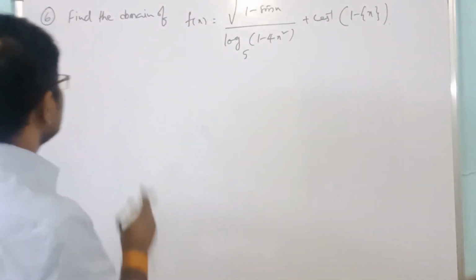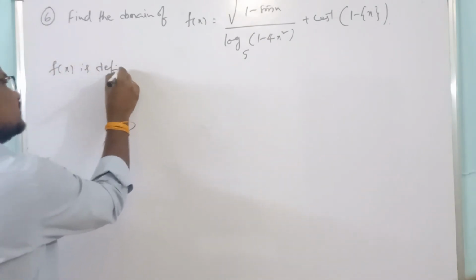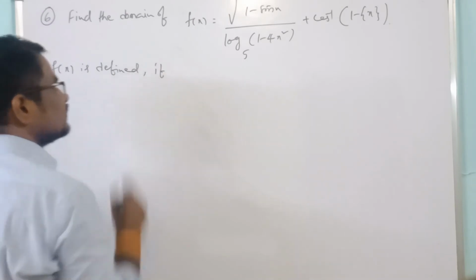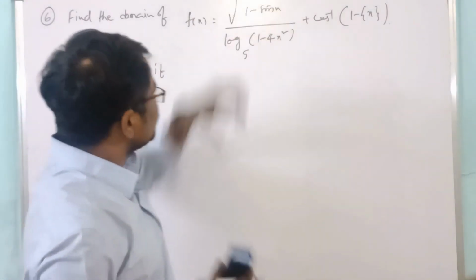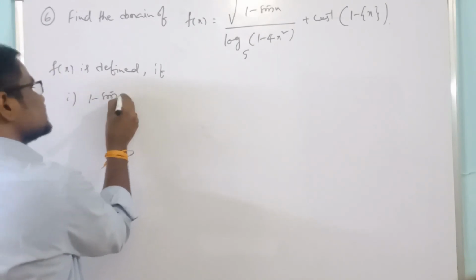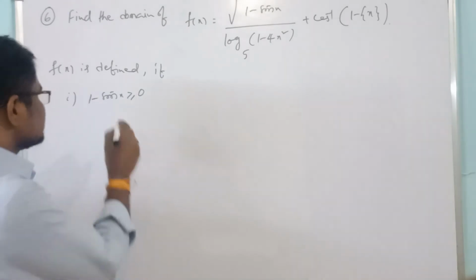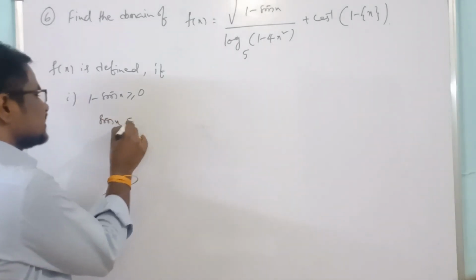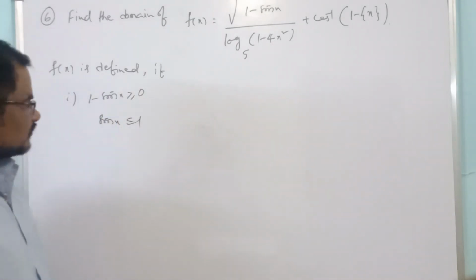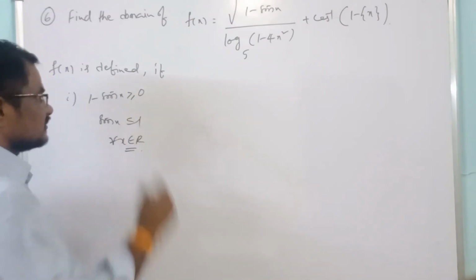See the sixth problem. So this function f of x is defined whenever this under-root value, first one, 1 minus sin x, should be greater than or equal to 0. That is nothing but sin x less than or equal to 1, which holds for all x belonging to real numbers.